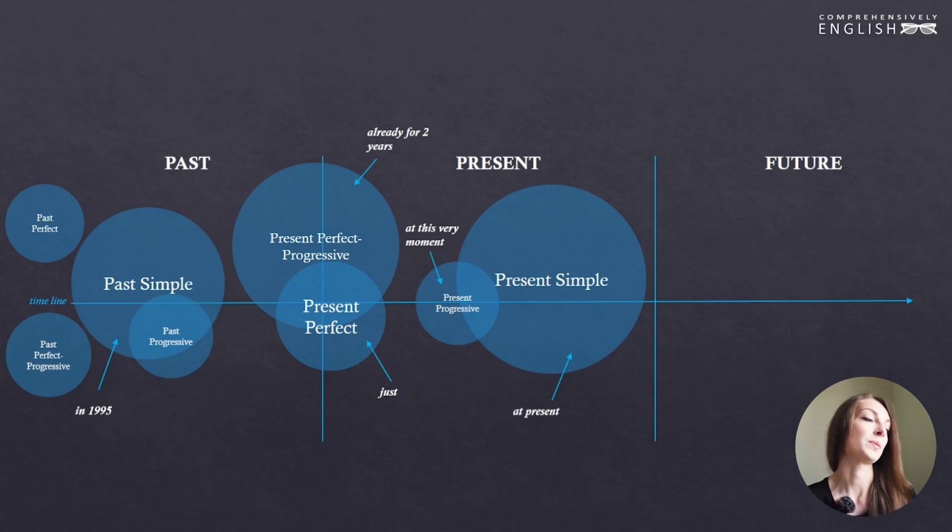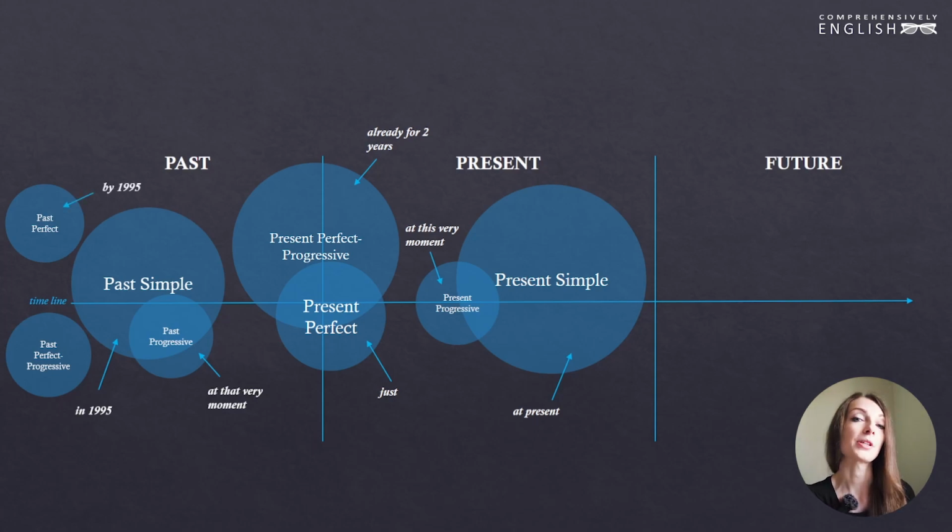For example, when we speak about the past simple tense, we speak about something that happened, let's say, in 1995. When we speak about past progressive, we speak about an action that was going on at a particular moment in the past.